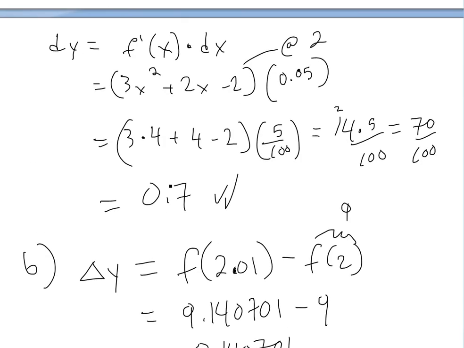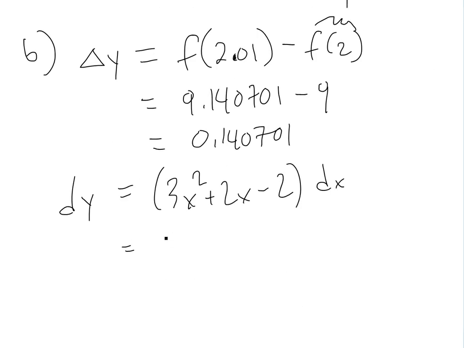We already solved this one actually; it's 14 there. So this is just 14 times 0.01. All we do is divide by 100. This is just 0.14. As you can see, it's getting closer and closer. So this is roughly 0.14.